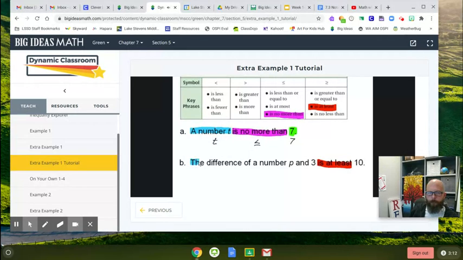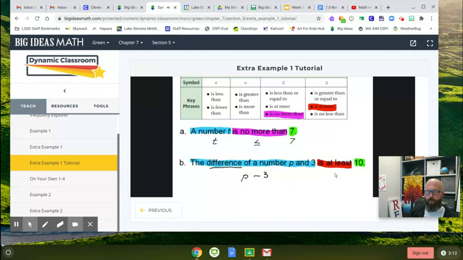Now let's write an inequality. The first expression, the difference of a number P and 3, has a number P and 3. The word difference means subtraction, so 3 is subtracted from P. The phrase is at least represents the inequality symbol greater than or equal to. And finally, the expression 10.